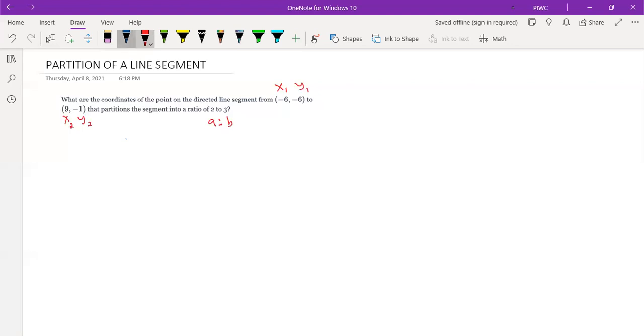To find the x coordinate for the partition point, partition point x will be equal to x2 minus x1, then you take the portion of the ratio that you want, the first ratio, that's A, divided by the sum of the two numbers that make up the ratio, the two partitions.